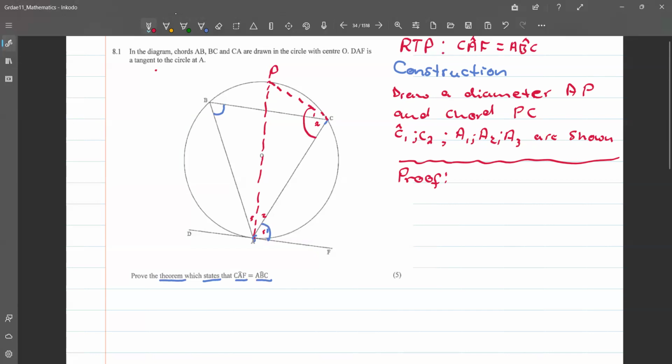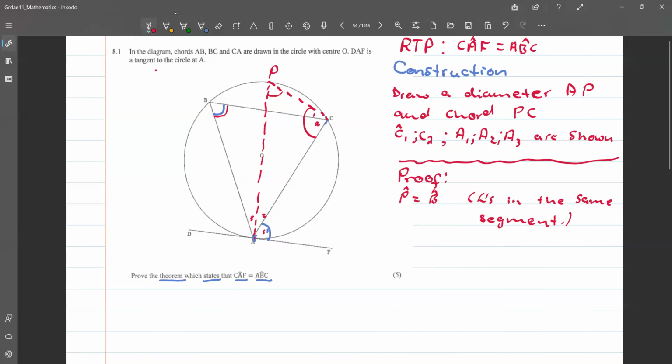Or if you like, you can see you have angles in the same segment. If you look at angle P and angle B, they are angles in the same segment. So start with that and say angle P equals angle B. Reason, angles in the same segment.